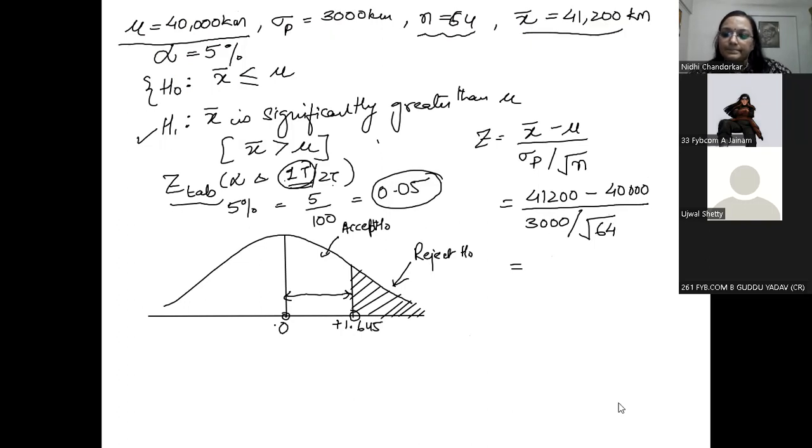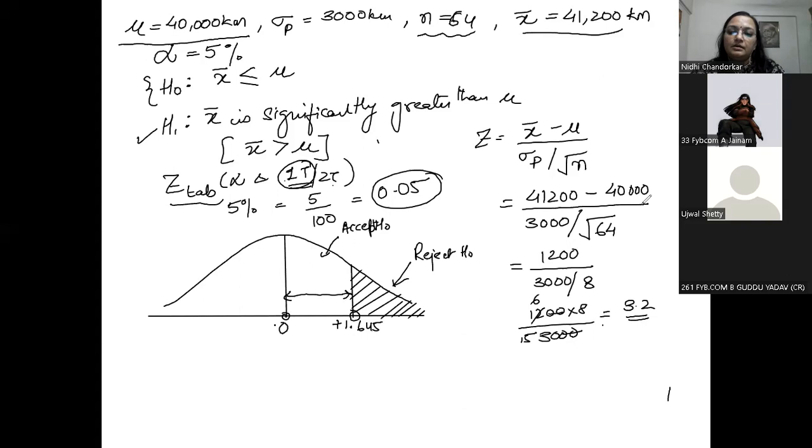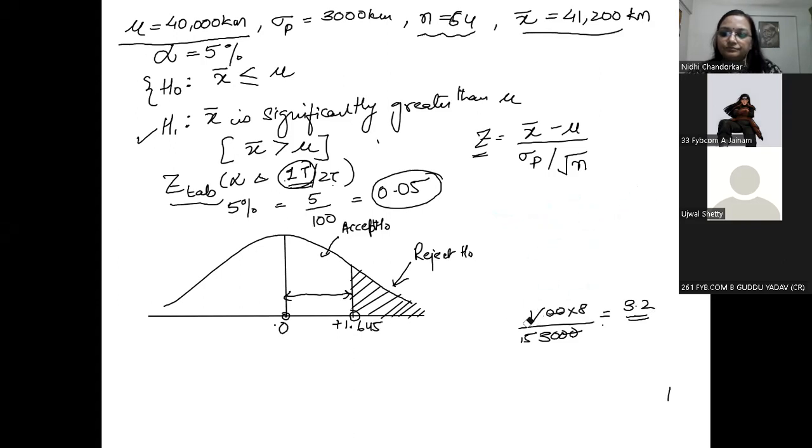Okay, so we found that the calculated value of Z is 3.2. We'll just write it properly. Calculated value of Z is 3.2. And what is the table value? 1.645. Z table value is 1.645.